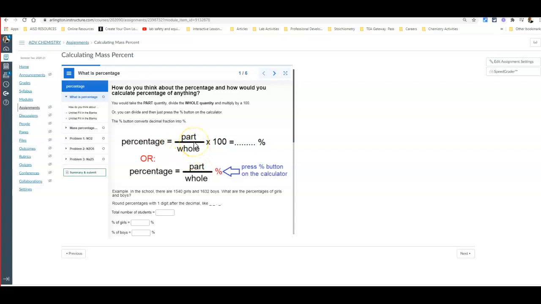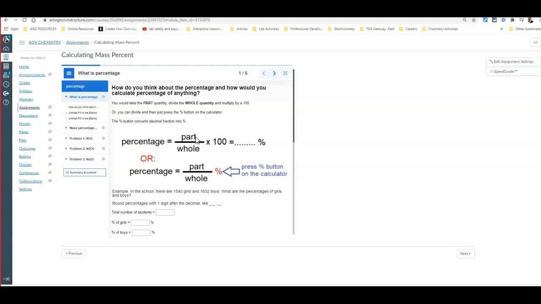All you have to do is know what the different parts of the formula represent. For example, part is how much you're given. Whole is the total out of which that number was given to you.